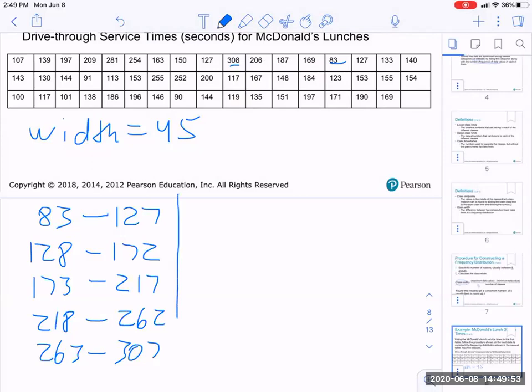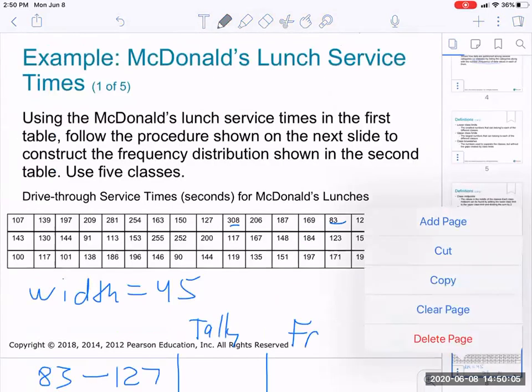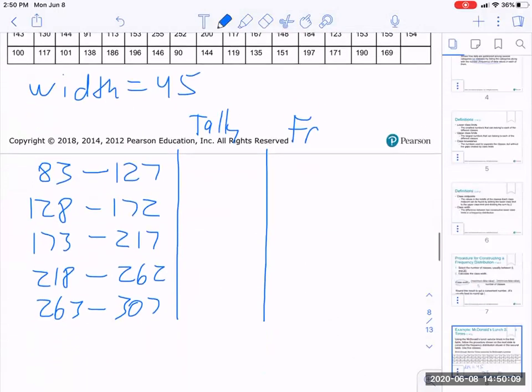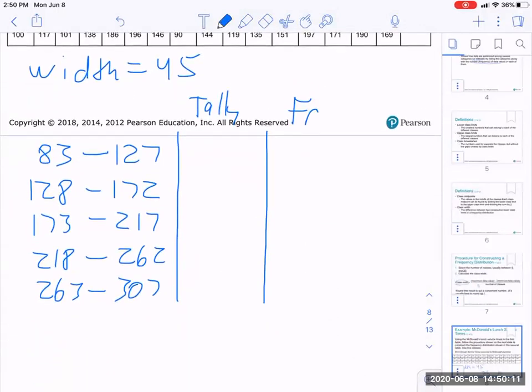So what I do is I'll just go through and start doing tally marks. But then over here is my frequency because I actually want a number and not just tally marks. So I need to see my data.